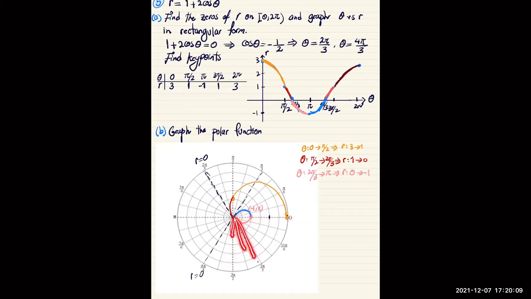It's just going to get bigger and bigger and go back to 3. All right, and that is the polar graph, and this graph is called a limaçon. It has an inner loop.